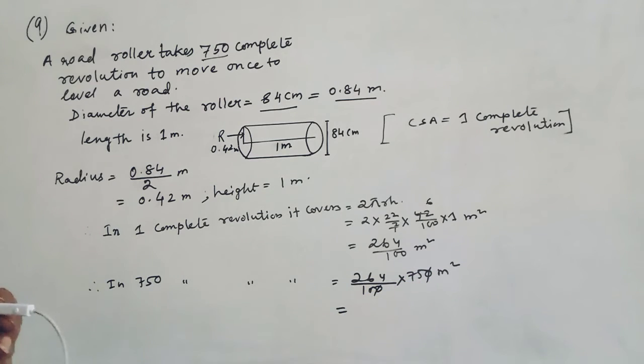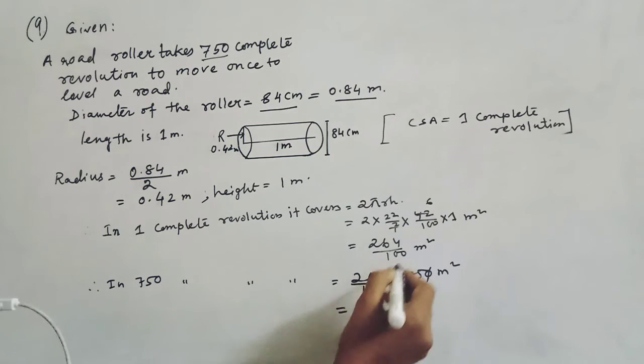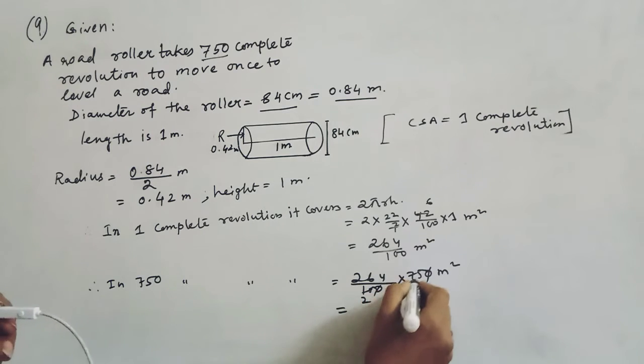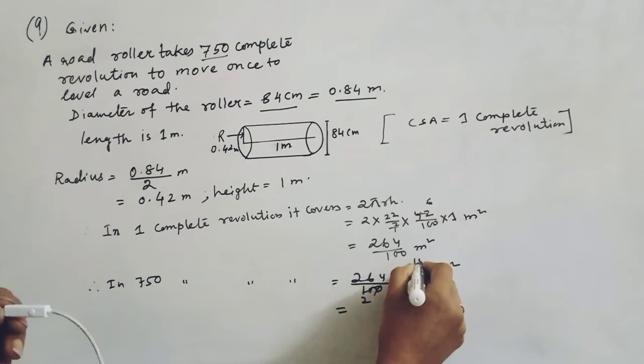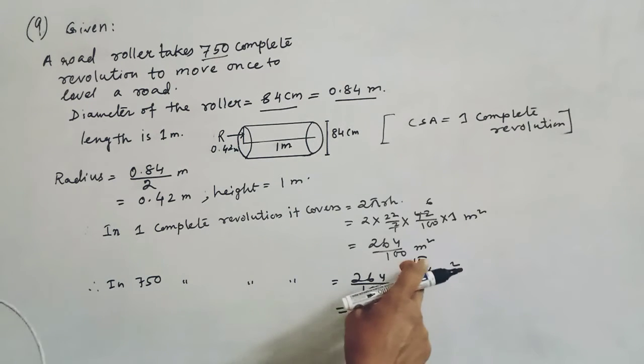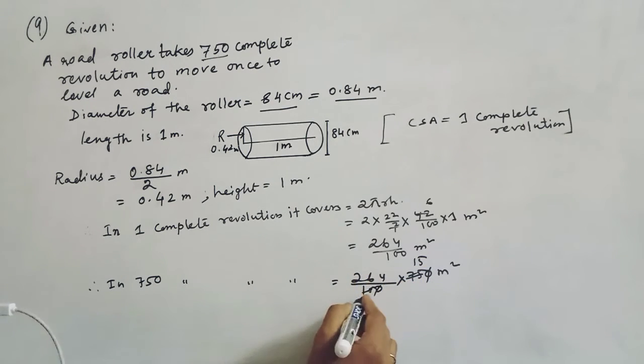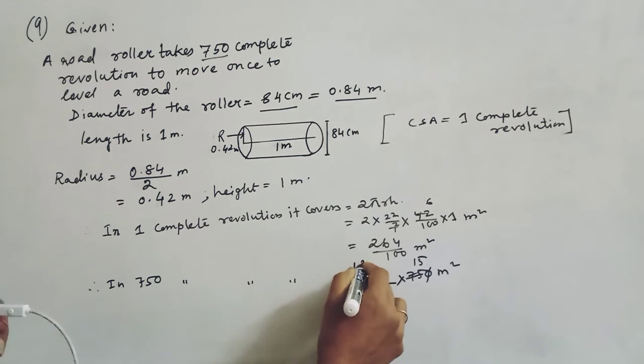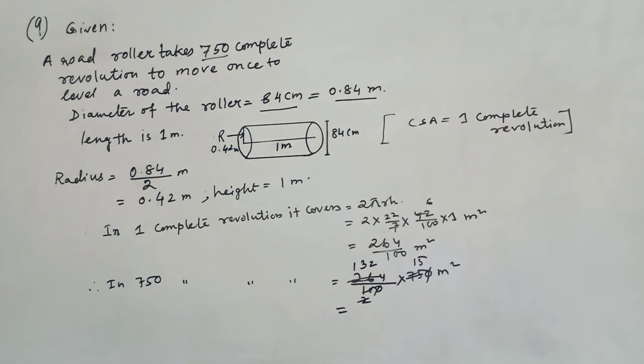If you cancel, 5 2s are 10, 5 15s are 75. Now we are cancelling this one also, and we get 132 into 15. If we multiply this 132 into 15, we will get the result 1980 meter square.